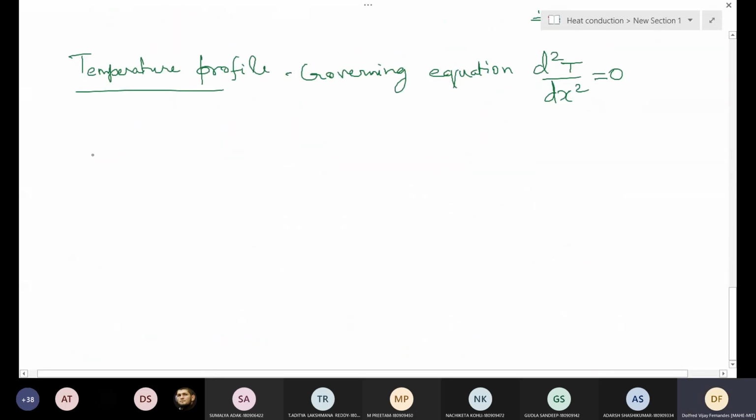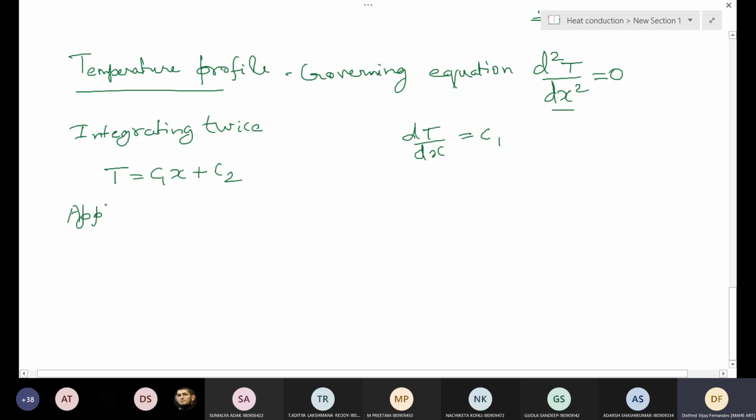We have to integrate twice, since it is a second order equation, and we will get T equal to C1x plus C2. First integration gives dT by dx equal to some constant C1, and if you integrate again, you get the equation T of x equal to C1x plus C2.